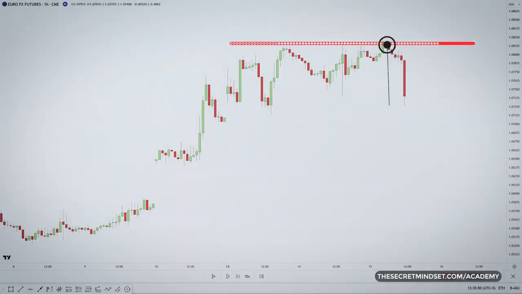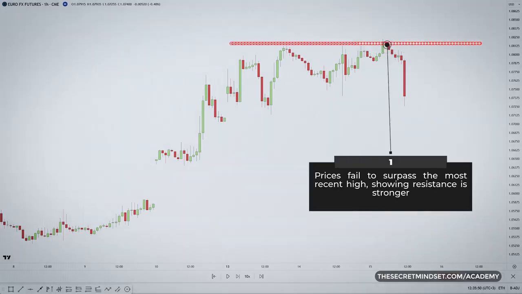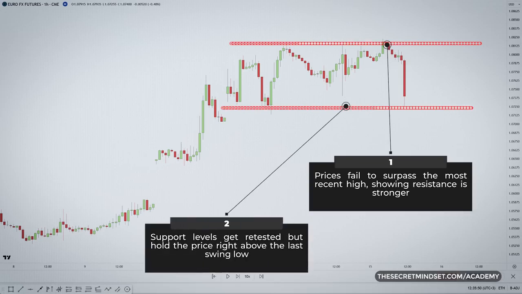One hint is if prices fail to go past the most recent high, showing resistance is stronger now. Another sign is when support levels get retested, but hold the price right above the last swing low. Both signals together tell me we could be shifting from a trending phase into more consolidation.